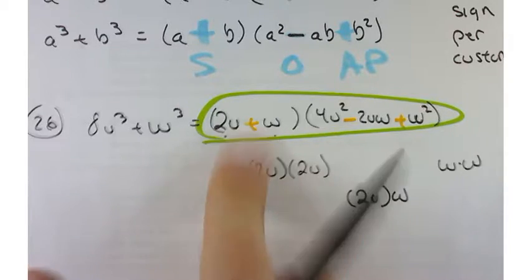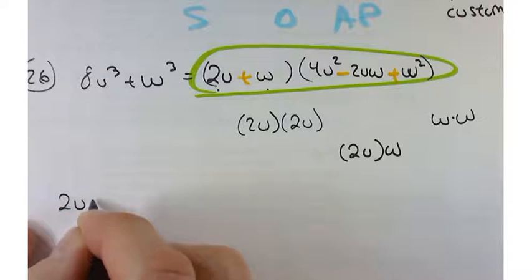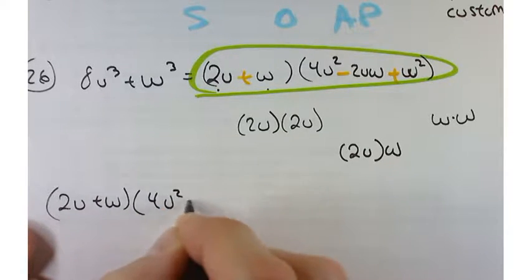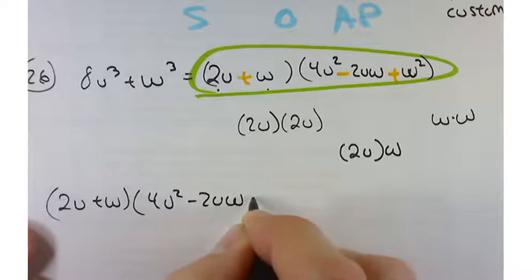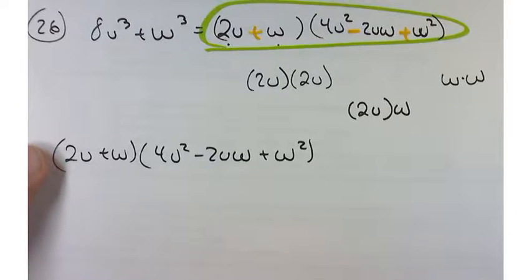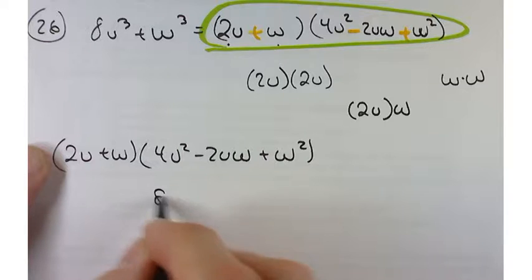Let's see that it actually works. Let's take 2u plus w. How could I prove that it actually works? Yeah, multiply it out. So if I distribute here, 2u times 4u squared gives me 8u cubed.